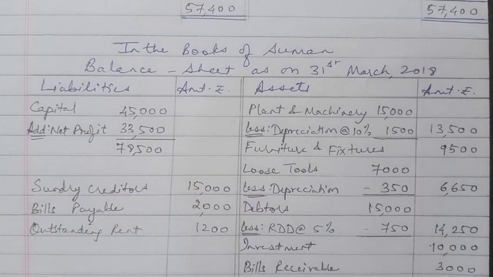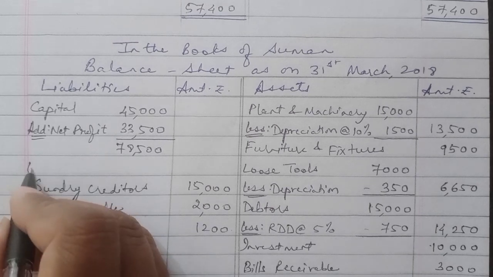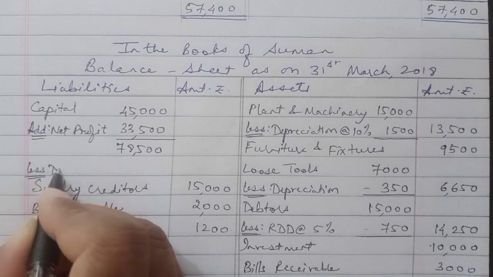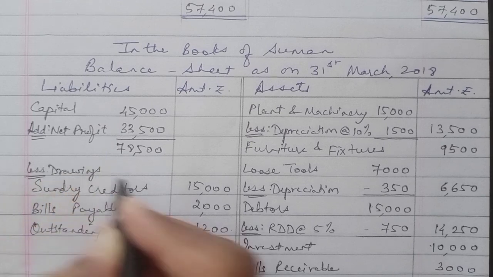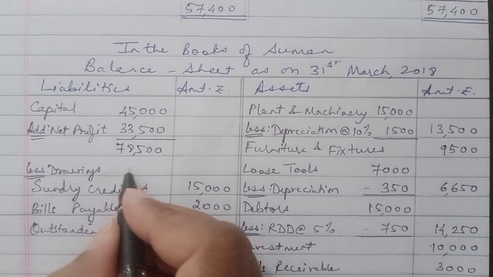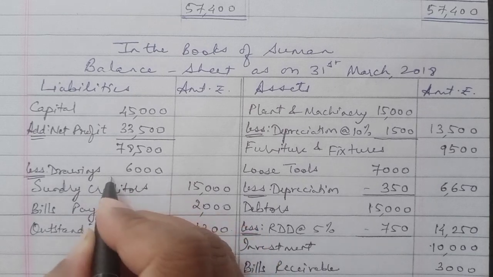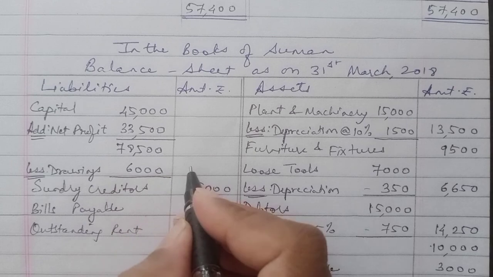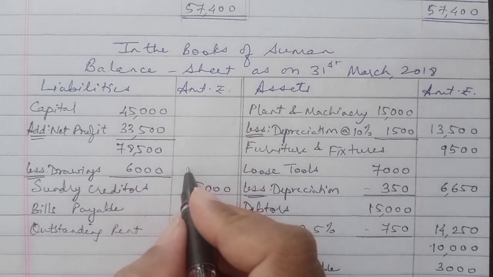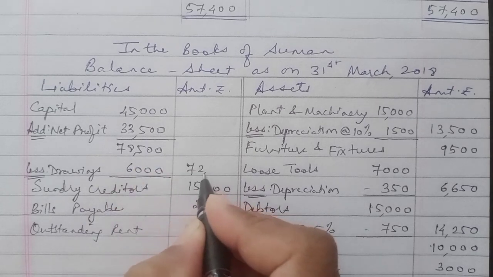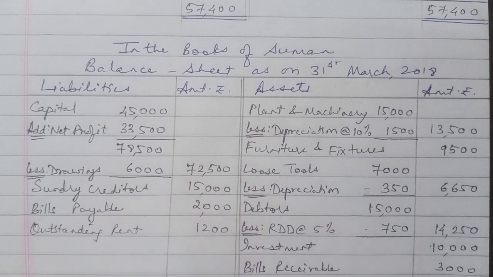In a column only we'll be taking the total, because we need to deduct the drawings. Drawings are given in the example and we need to deduct them from the capital. So less drawings. The amount of drawings is rupees 6,000. And now we take the balance of capital to the rupees column, 72,500.